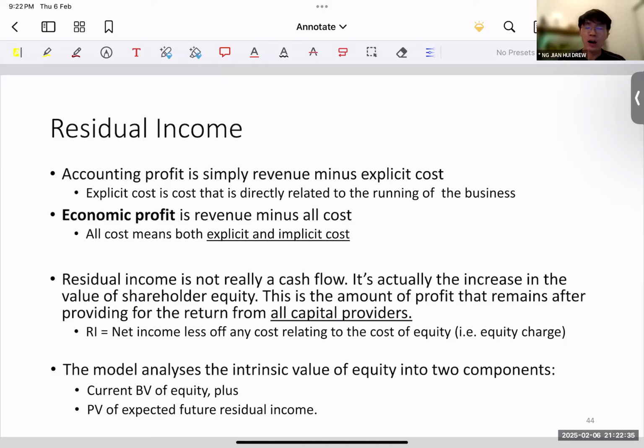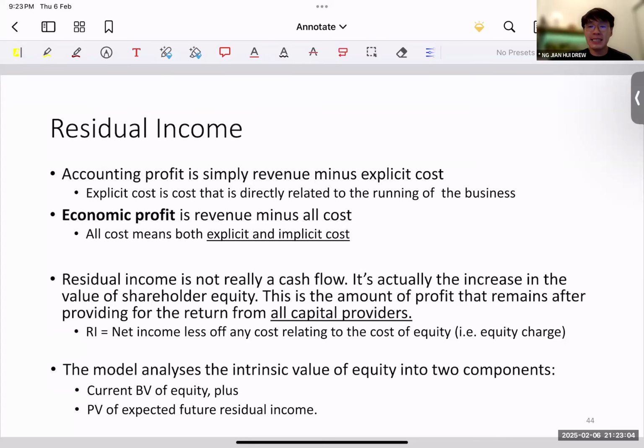So let's try to think of it in layman terms, in a simple sense, before we dive into all the details. The idea of the residual income model is from an economic concept where we need to consider both implicit costs and explicit costs. So what's the difference?